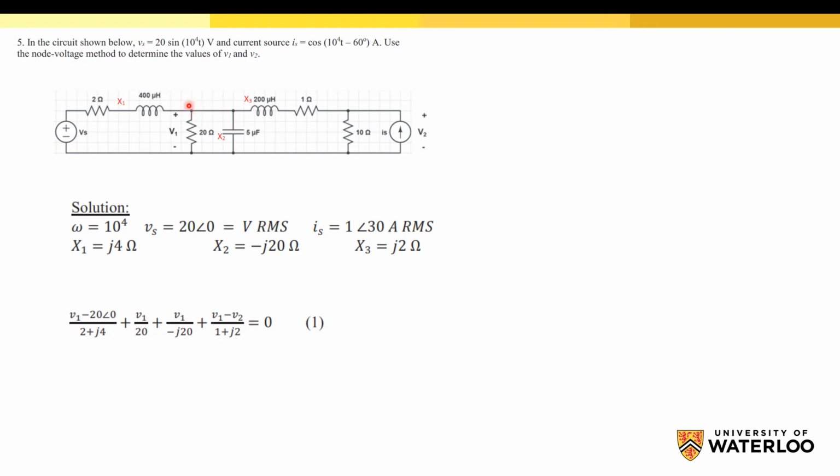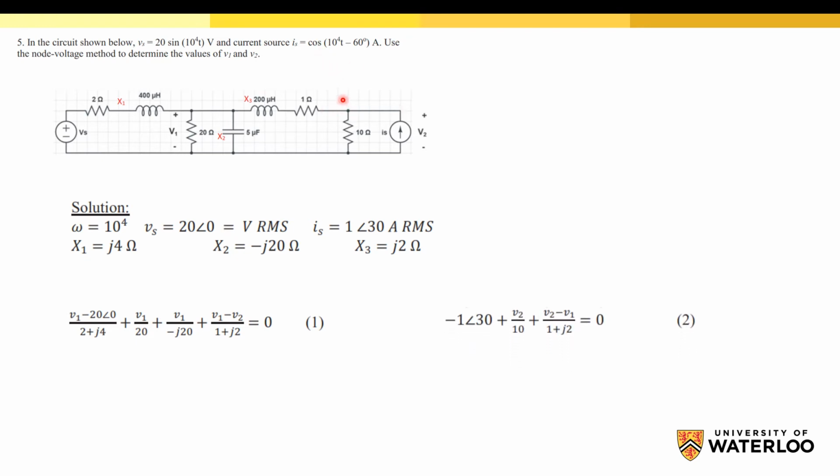It will be V1 minus 20 angle 0 over 2 plus the equivalent reactance, which is j4. So it's 2 plus j4. We have V1 over 20, then V1 over x2, and this is the value for x2, and finally V1 minus V2 over 1 plus x3, which is j2. So this is now the first equation. We should write the second node equation for V2.